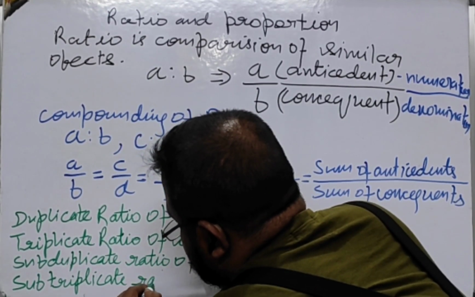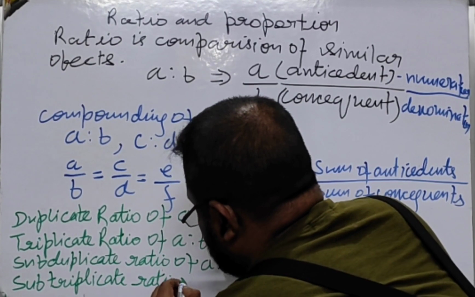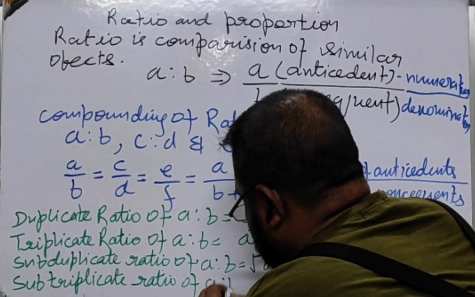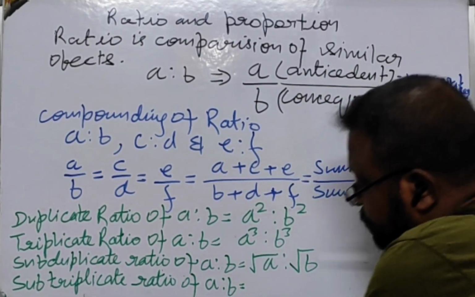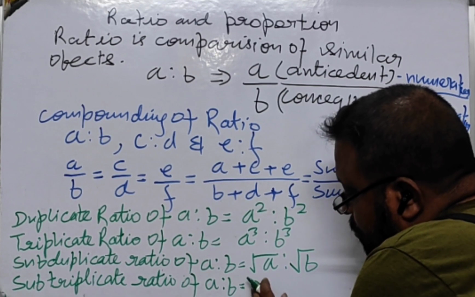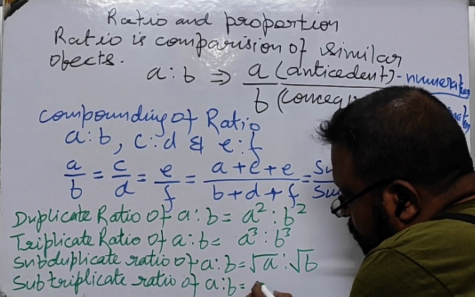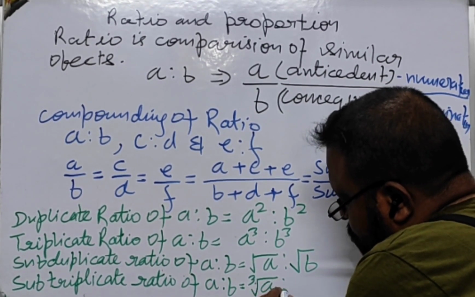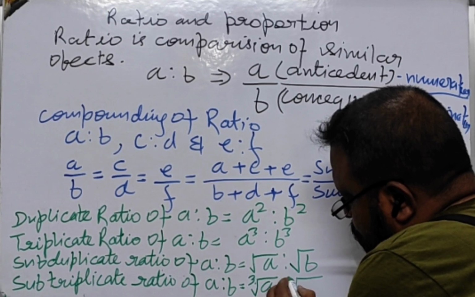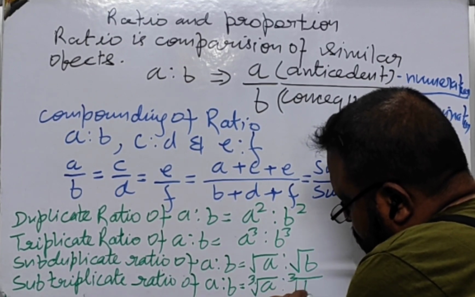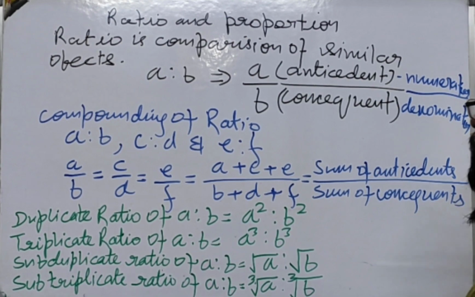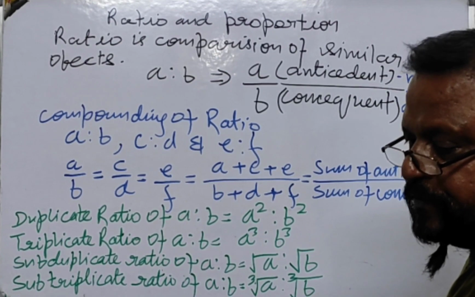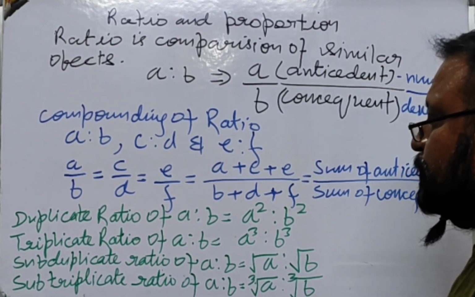Subtriplicate ratio of A ratio B is equal to cube root of A ratio cube root of B. Getting? So this much we have to initiate, right?